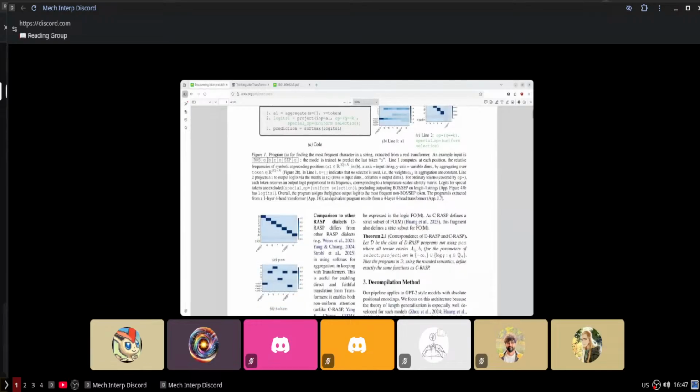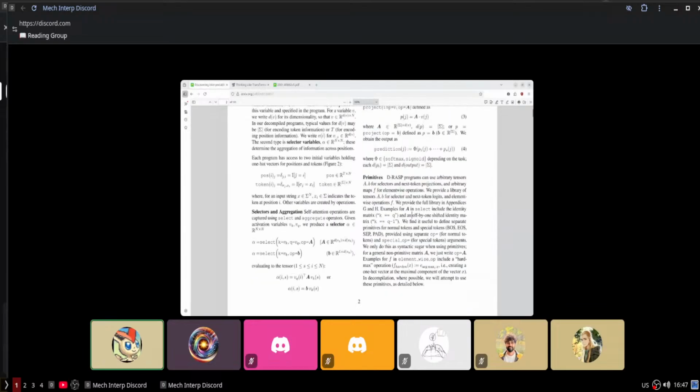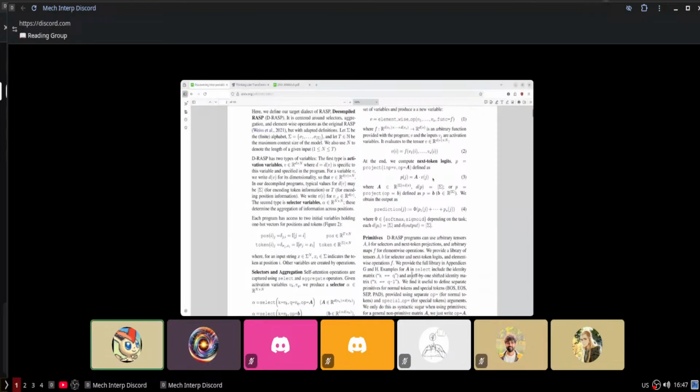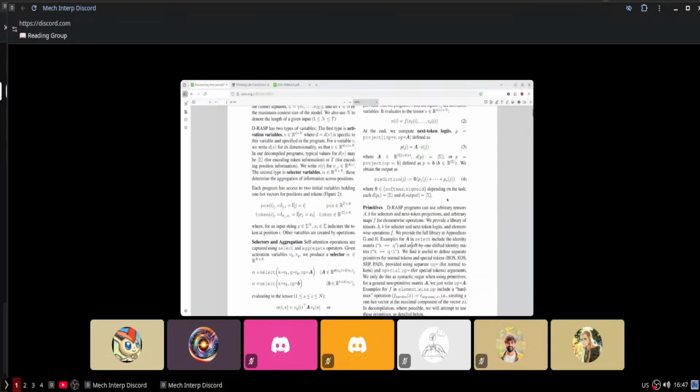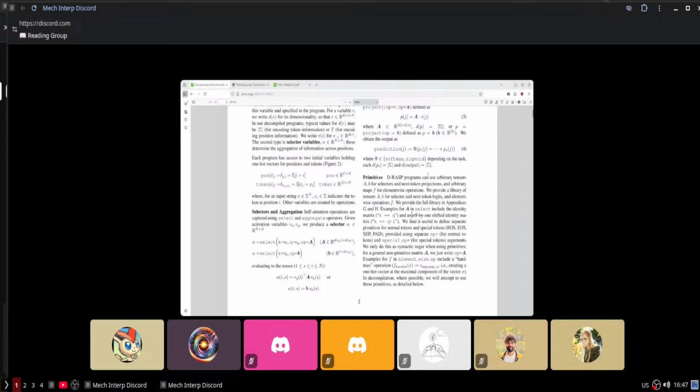I think I kind of understand how it works. It's just a fancy way of writing the model as programs.